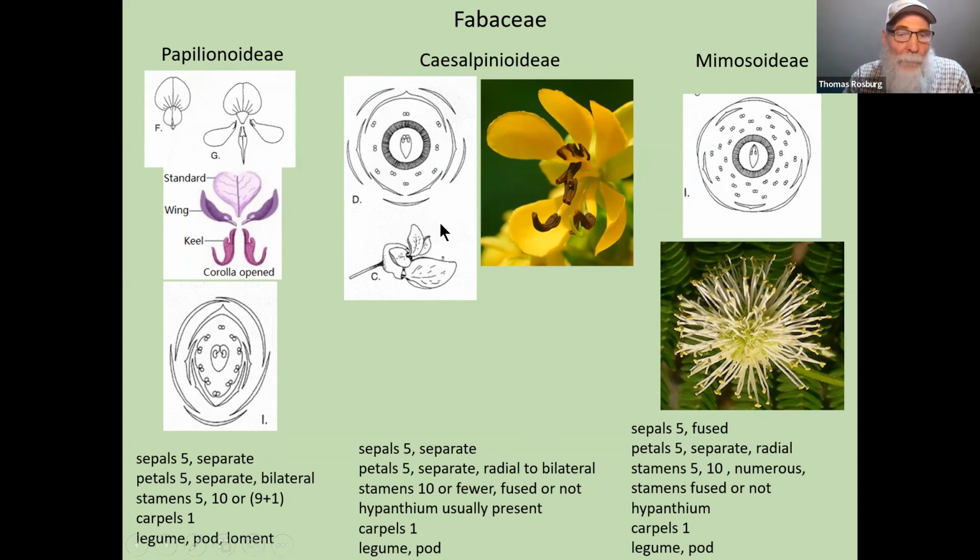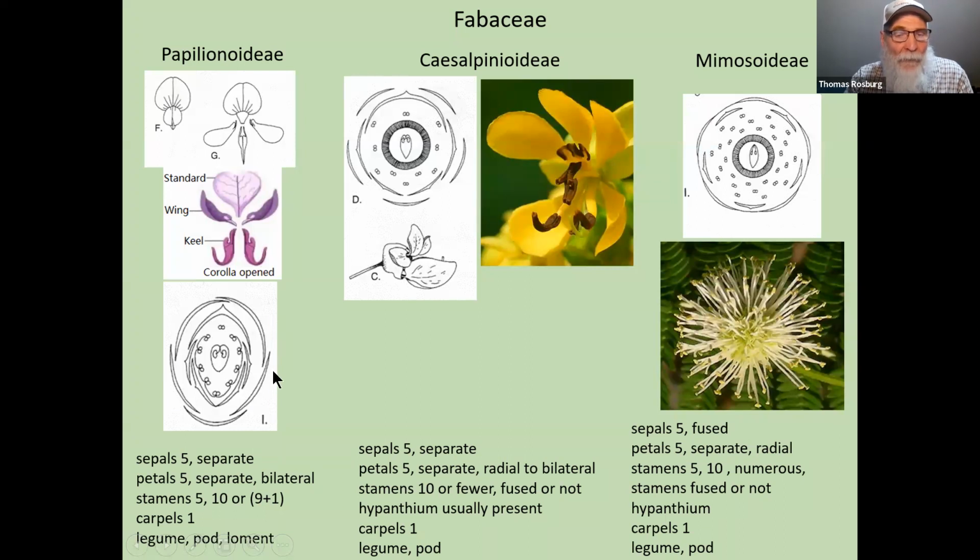The one thing that really unites all of these subfamilies, though, is the single carpel in a simple pistil. These flower diagrams are a nice way to summarize what the flower looks like and how it's put together.